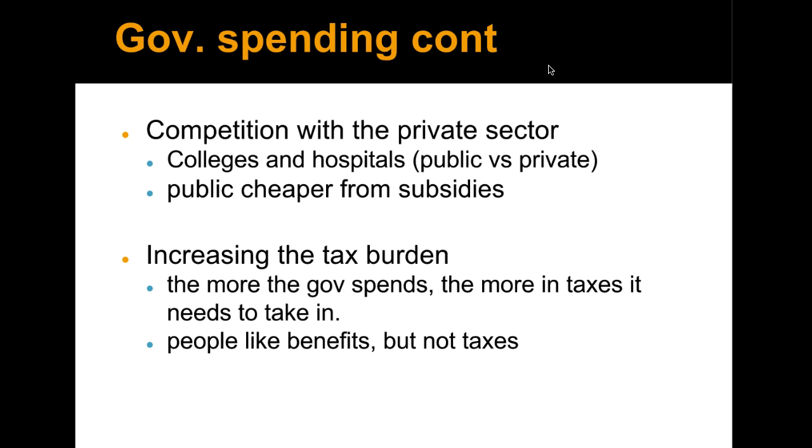Another area of impact, competition with the private sector. So the government produces its own goods and services that it sells to us. And often when the government produces those goods and services, it's directly in competition with the private sector. So in higher education and colleges, many public colleges and universities are competing with more expensive private colleges and universities. The cost difference is due to the subsidies that public institutions are receiving from the state.